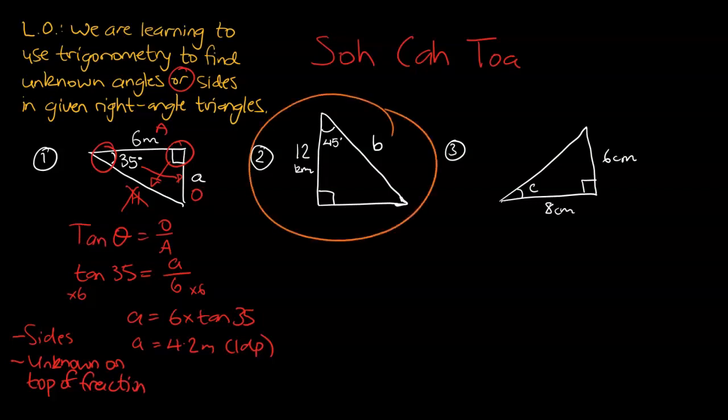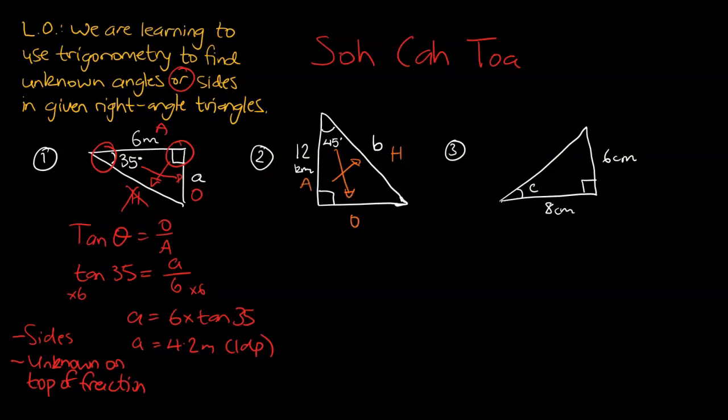So we're on question 2. First step, we've got to label our sides. There's our hypotenuse, there's our opposite, and there's our adjacent, and we have no interest in that opposite, leaving us with A and H. That makes CAH. So we're going to write down our formula of interest.